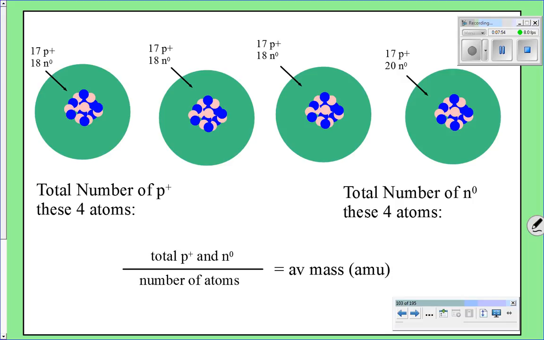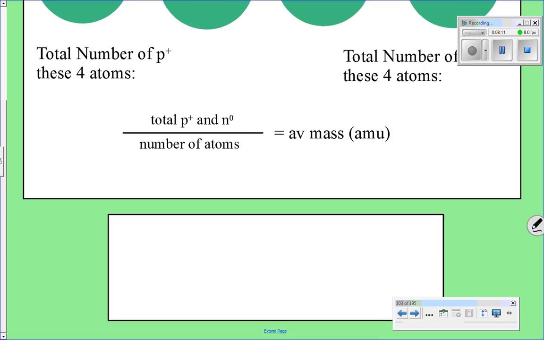So what we're doing when we calculate each of these is we have to take into account that we're going to have different numbers of protons and neutrons. This graphic illustrates when we have all the same isotopes, which is not particularly helpful, so I'm going to skip this.